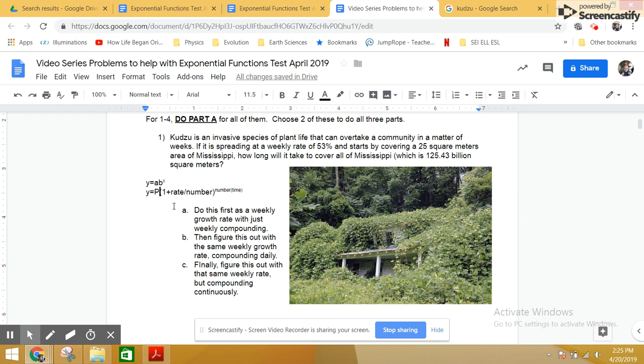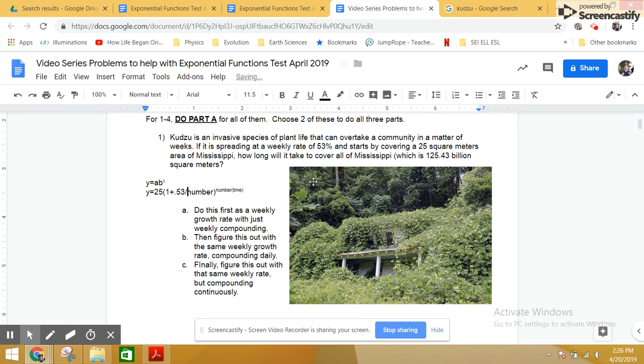So we need to figure out what is our P. P is going to be 25 because that's our initial value. All we're doing right now is setting up a basic equation. Later on, we've got to deal with this question of 125.43 billion. Okay, so our rate is 0.53. So we say 0.53.